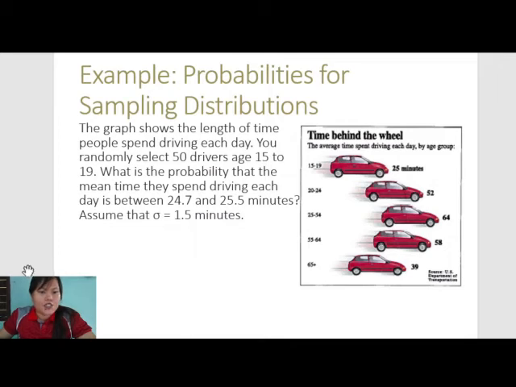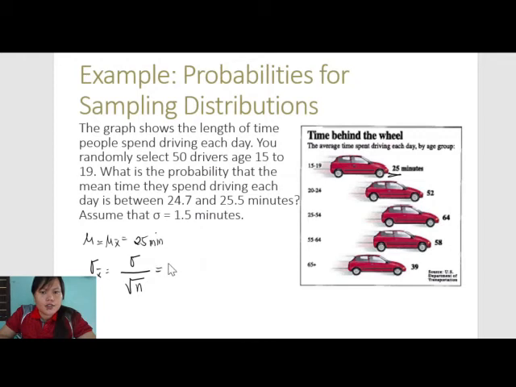First, let's get the mean. The mean is equal to the mean of our sample, which is equal to 25 minutes. Next, we have to get the standard deviation. Your standard deviation is the standard deviation over the square root of n.